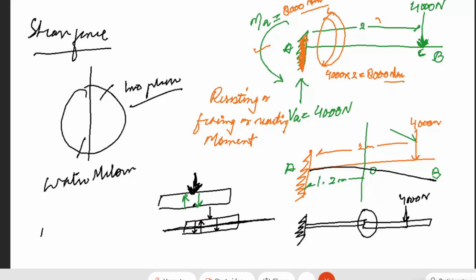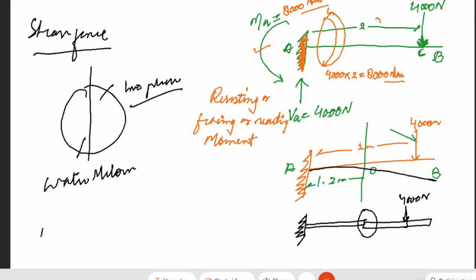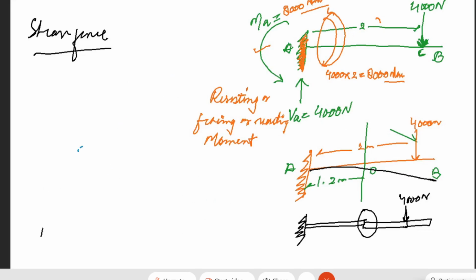Okay, now because of any load, let's say here on this cantilever at point B. Now we say the point D. Let's name this point as D, as we have already.